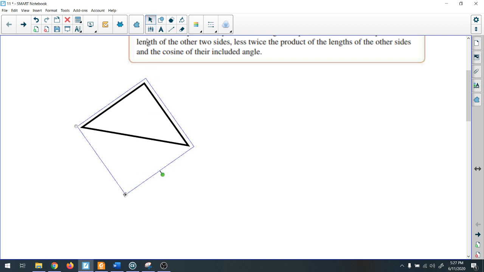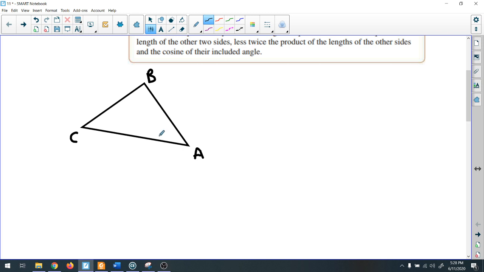Okay, and this will be angle A, and this is C, and this is angle B. The side that's opposite to A will be lowercase a, the side that's opposite to B, lowercase b, and the side that's opposite to C, lowercase c.